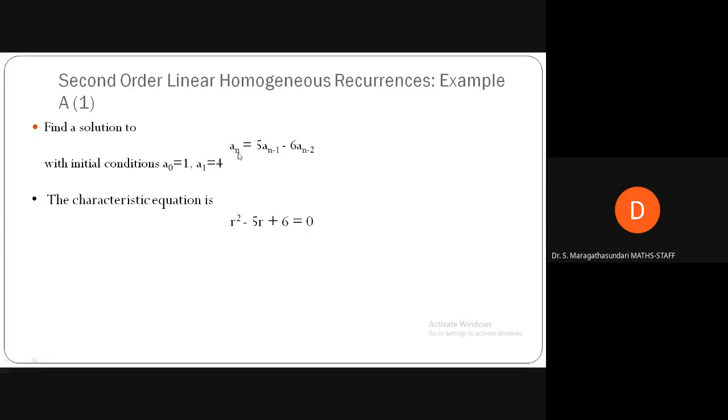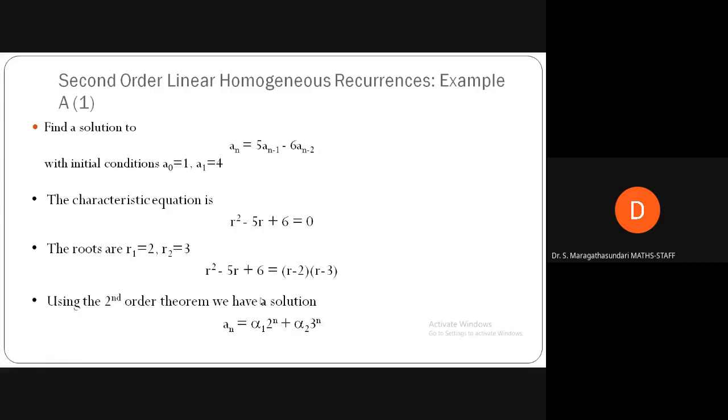What's the characteristic equation here? r^2 - 5r + 6 = 0. This is a quadratic equation. Just solve it and we get two roots: r = 2 and r = 3, and the roots are distinct. So r^2 - 5r + 6 = (r - 2)(r - 3).